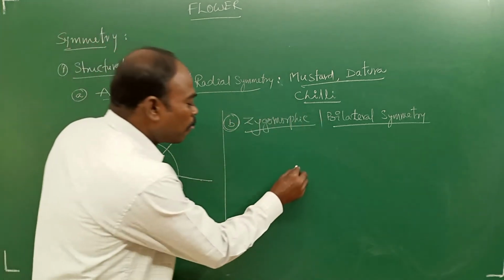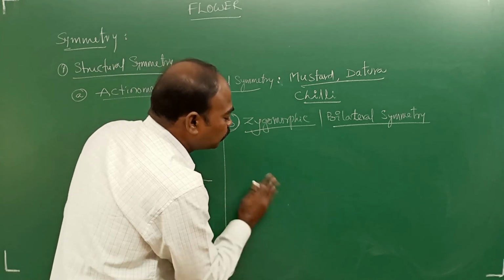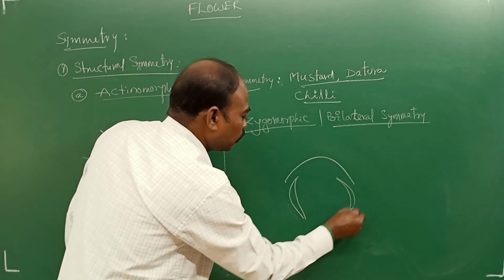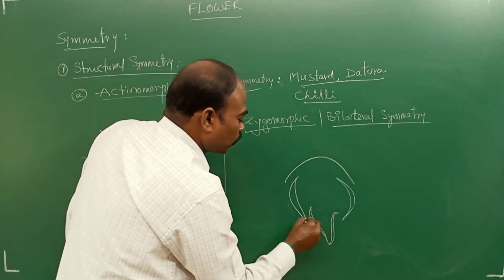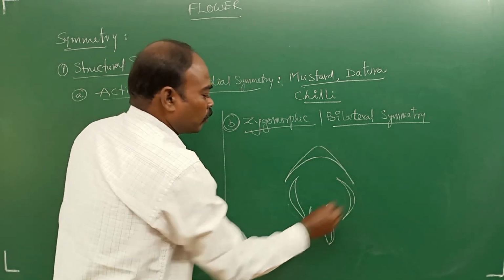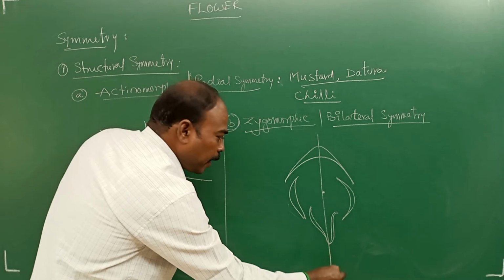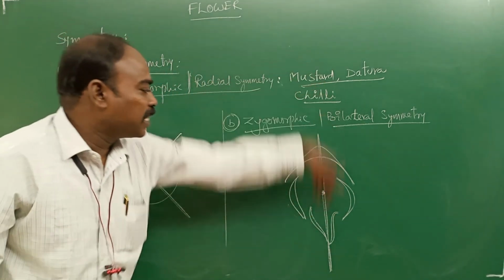Here you see a flower which can be cut into two equal halves in only one vertical plane passing through its center.